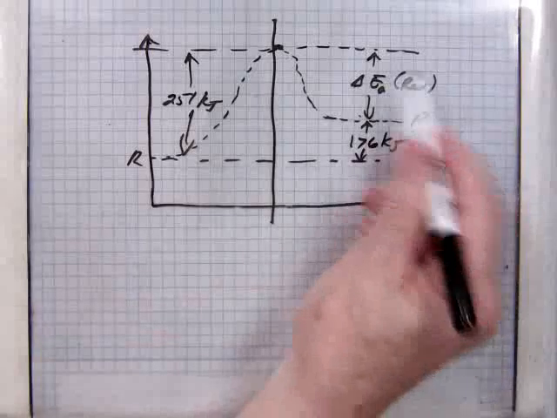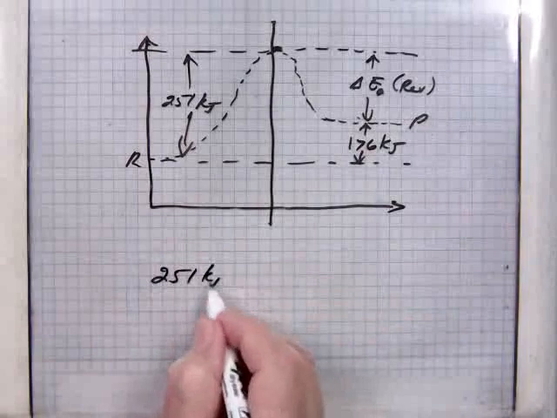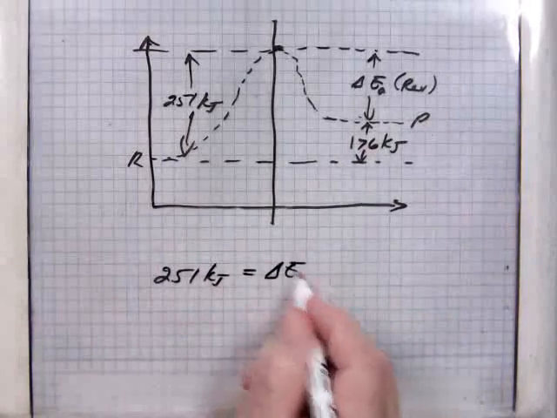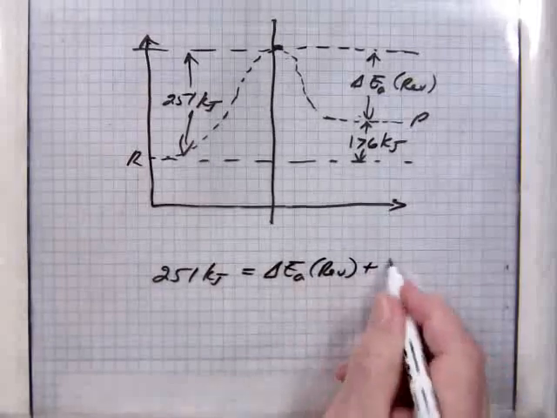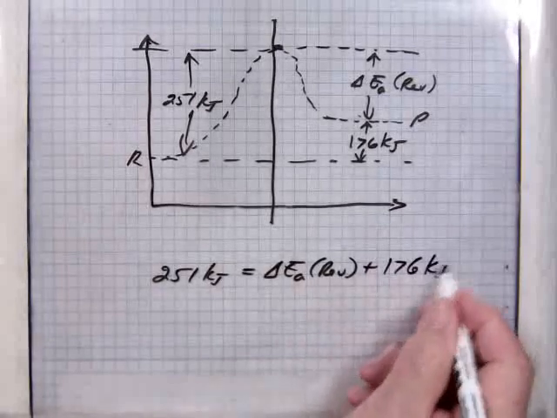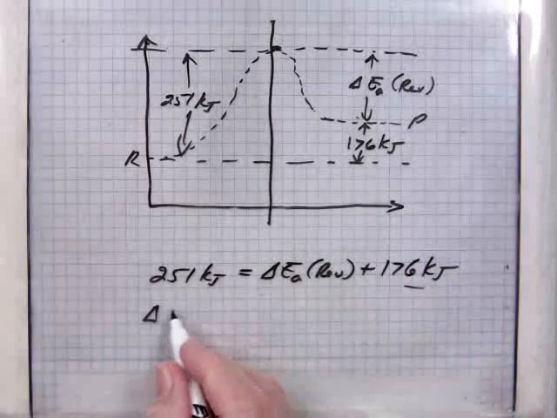So they want to know this one. So we see 251 kilojoules is equal to delta EA for the reverse reaction plus 176 kilojoules, which means you subtract 176 from both sides.